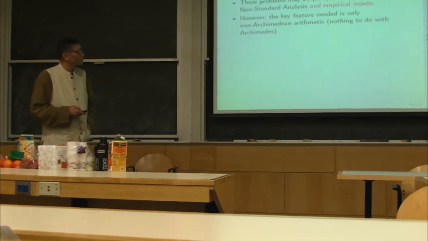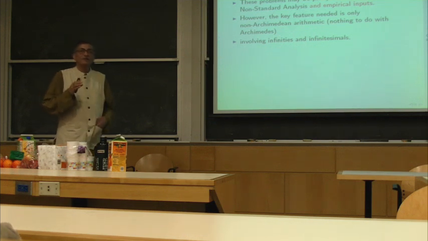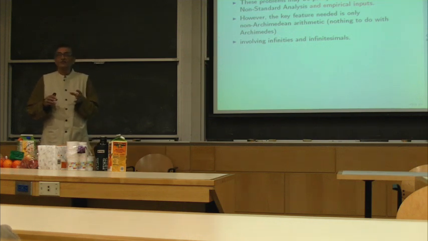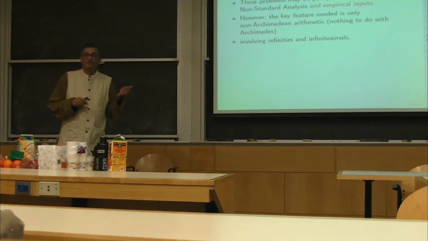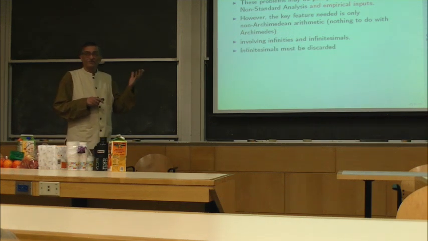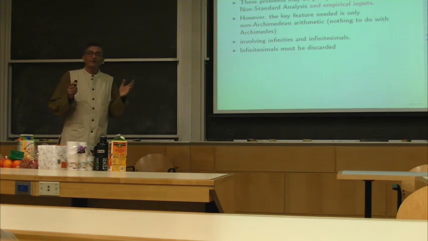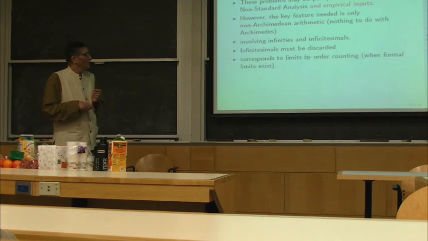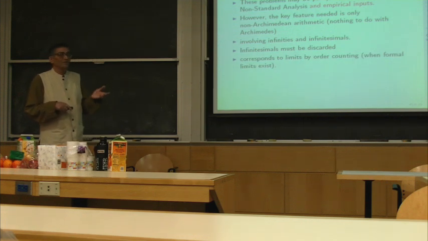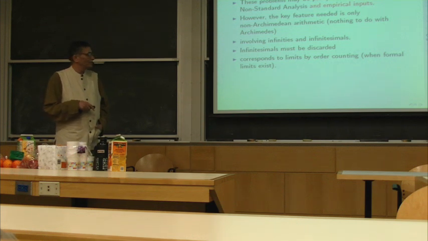So, the key point is that unlike the real number system, you have infinities and infinitesimals with non-Archimedean arithmetic. And that's all that you need. But you have to discard infinitesimals, your limits are not unique. And well, it corresponds to limits by order counting when the formal limit exists.